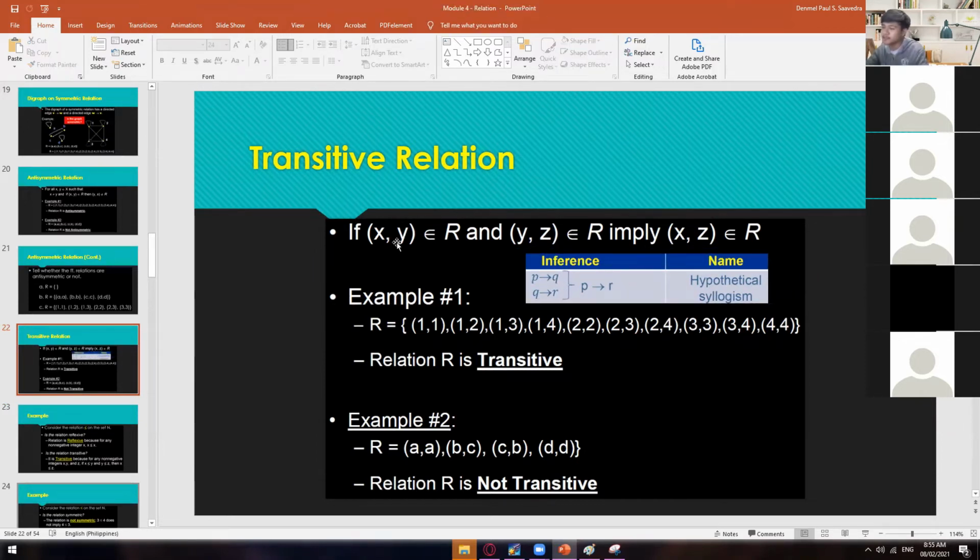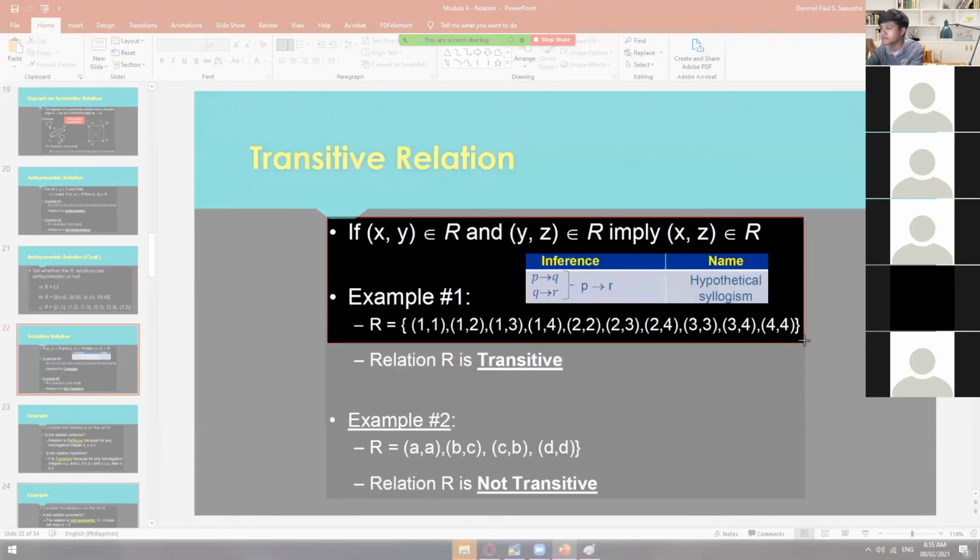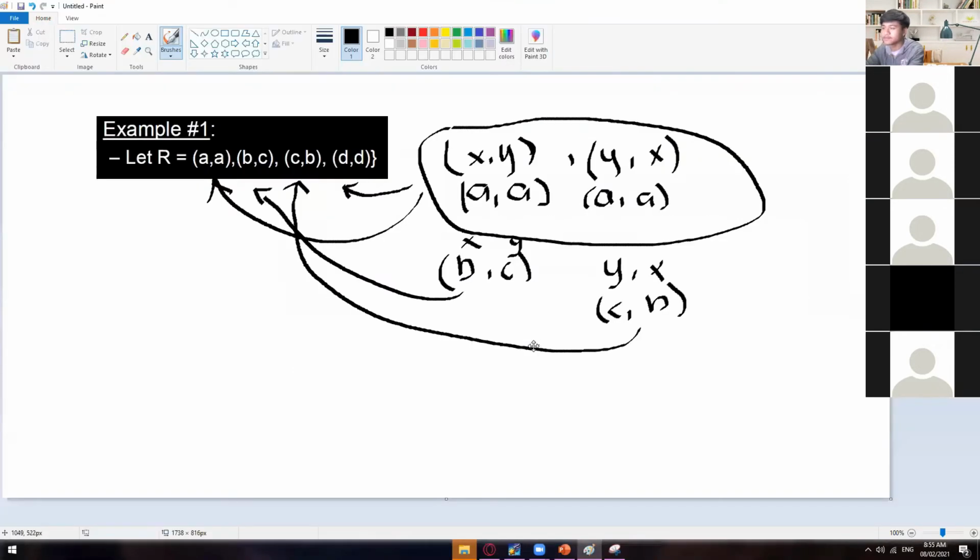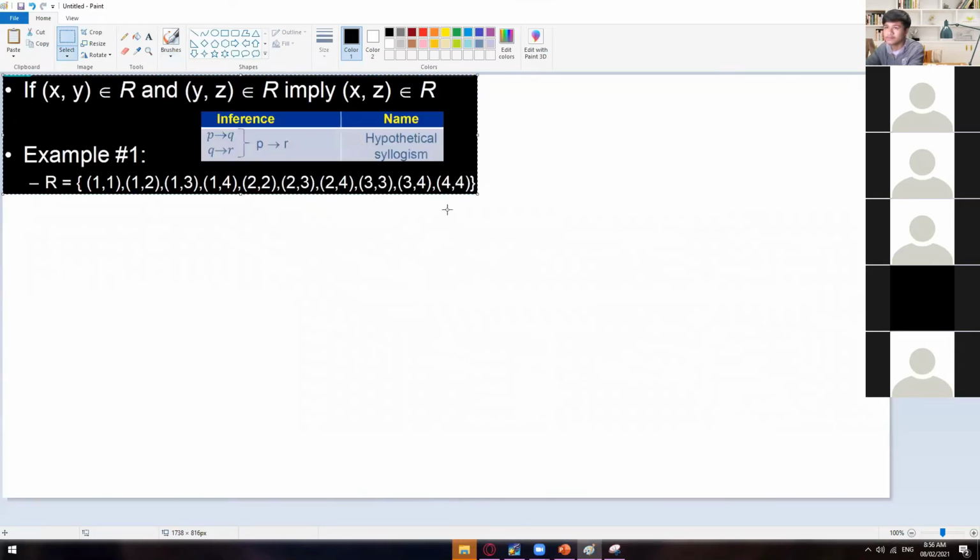As you can see right here, if we have x, y, and then y, z, we should also have an ordered pair x, z, the same as hypothetical syllogism. Let's take a look at example number 1. We have here 1, 1, and then 1, 2. We have the x, y, and then the y, z.